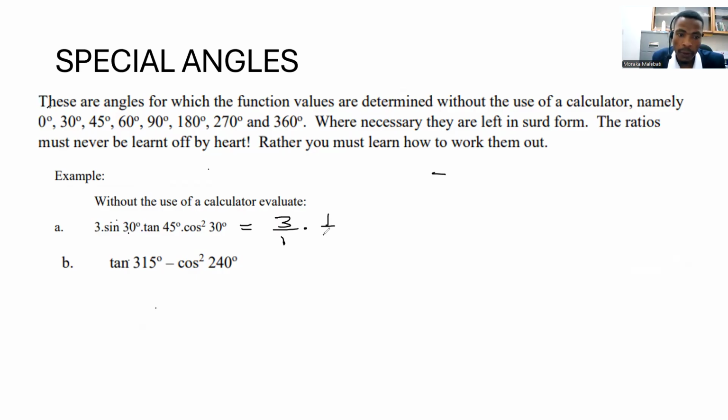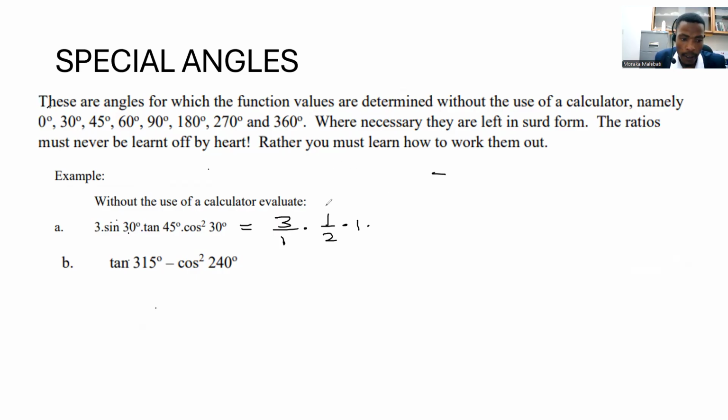So sine of 30 is half, and then multiply by tan 45. Tan 45 is 1. And then what else?